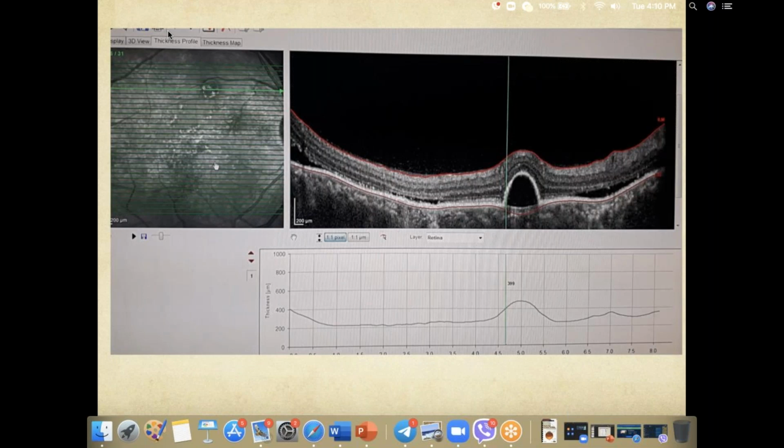This is the most rare, but if you find it, you can make the diagnosis in an instant in these cases. So what is it? Any guesses?